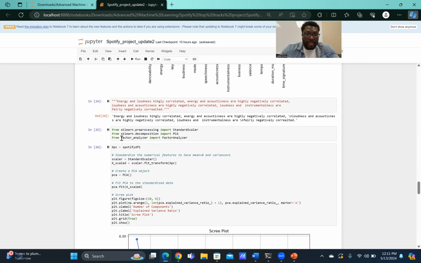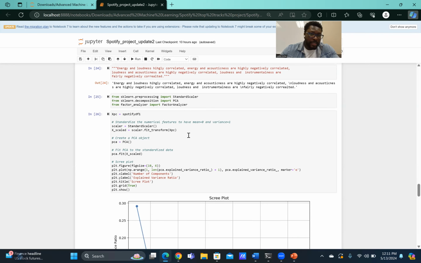Here, I'm just calling up the library from factor analyzer. So, straight to the PCA. I put the dataset into a new dataset variable just for convenience, and to be careful, just in case I needed this dataset.